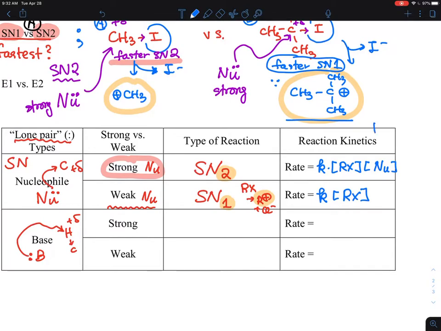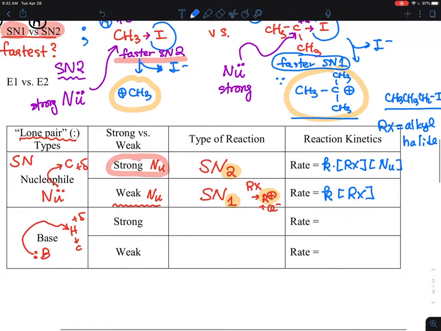Once again, this RX is alkyl halide, such as a CH3CH2 bonded with an iodine, for example. Okay, so that's an example of alkyl halide, and the nucleophile is those.